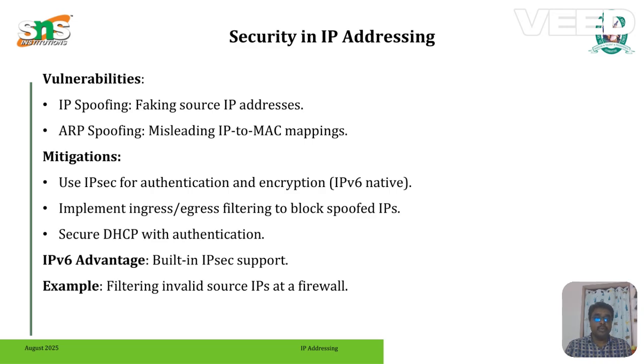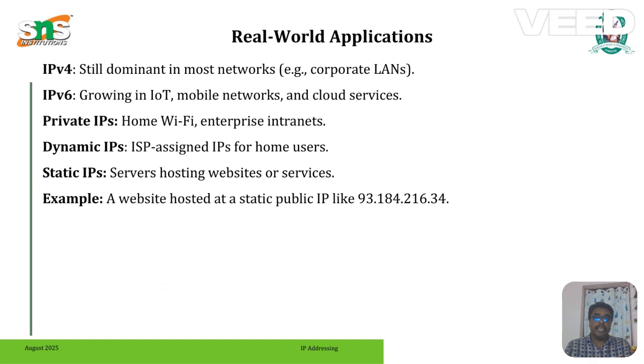So it is much more secure and widely used, and the population is slowly moving from IPv4 to IPv6. In real applications, IPv4 is still used, but IPv6 is a newer technology which supports IoT, mobile devices, and even cloud services.